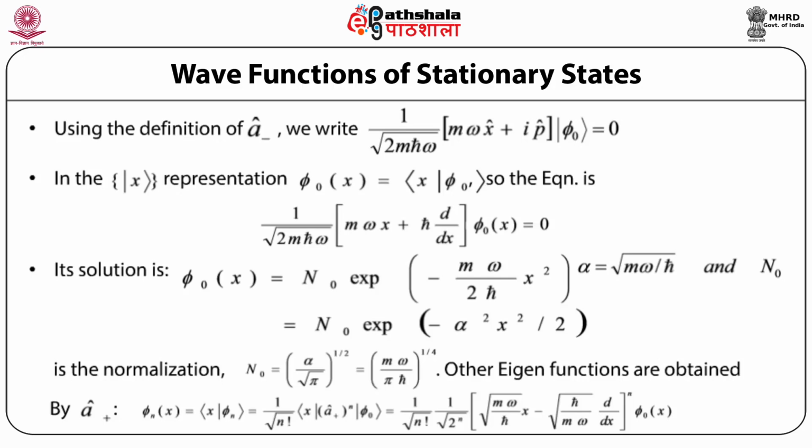Or in other words, what we have already discussed earlier, that the lowering operator acting on the lowest or the ground state eigenvector phi naught will give us 0.